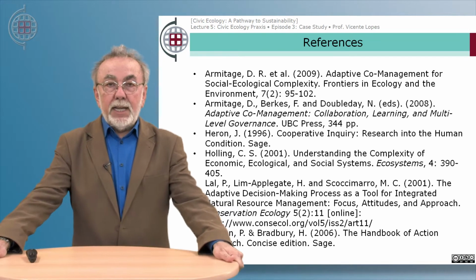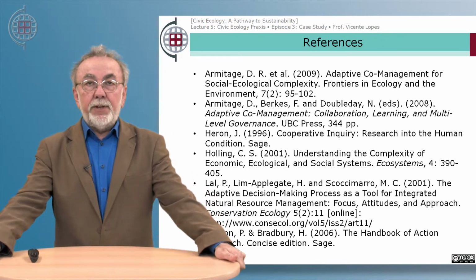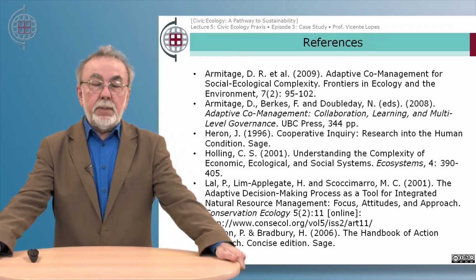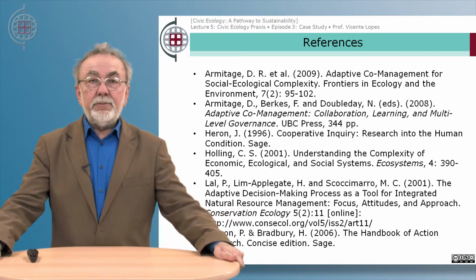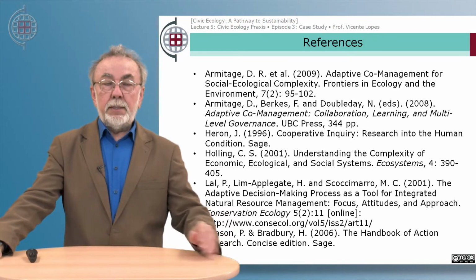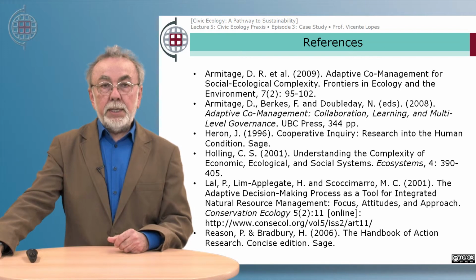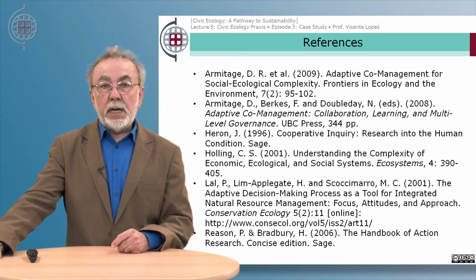In conclusion, I would like to present here some references, some that were mentioned during the lecture. One of the authorities in the field of adaptive collaborative management is Dr. Armitage, and I have two of his works presented here. One is a paper published in the journal Frontiers in Ecology and the Environment, published in 2009.